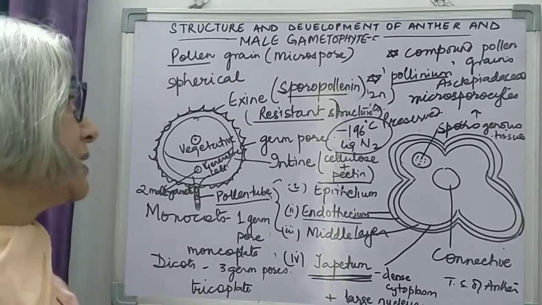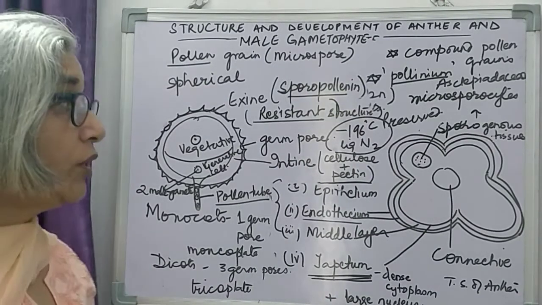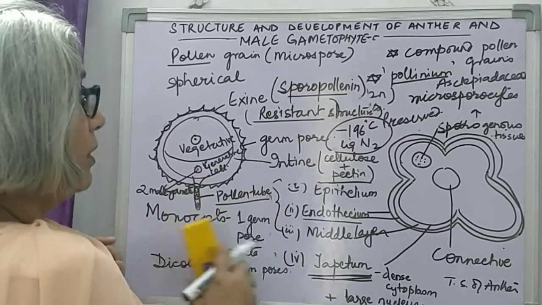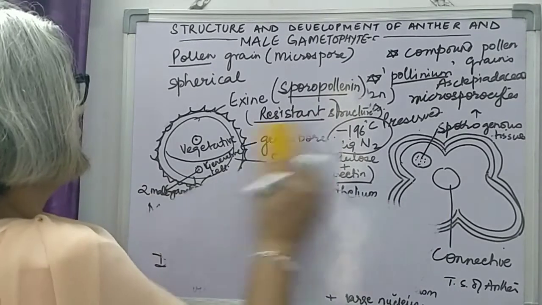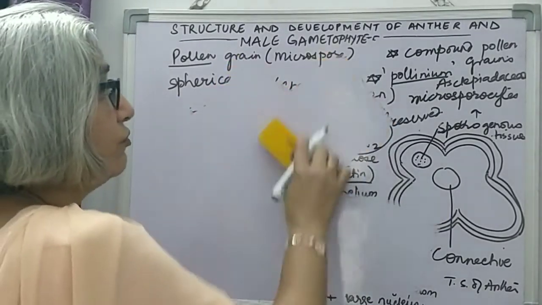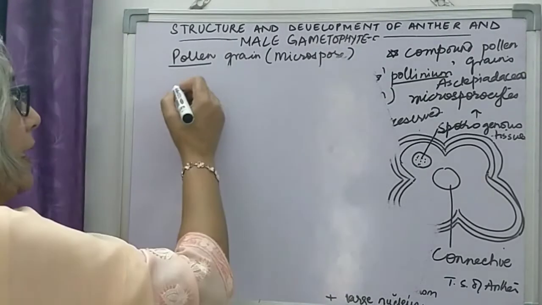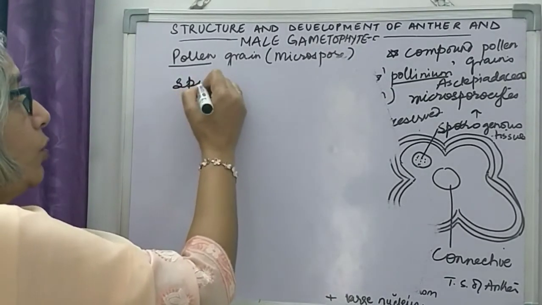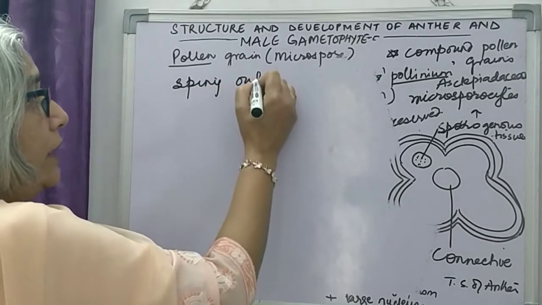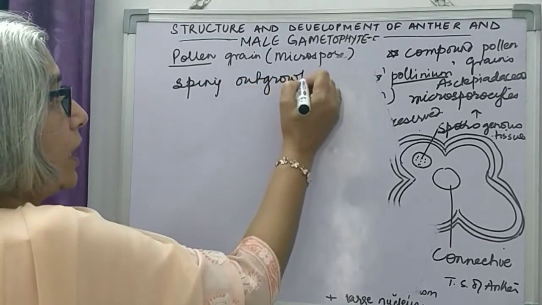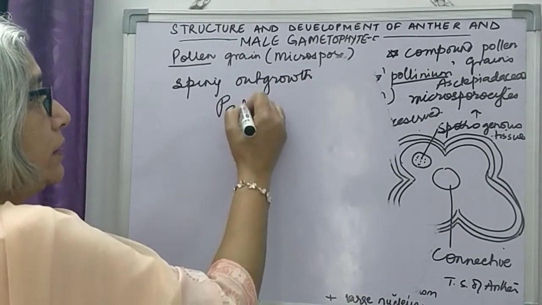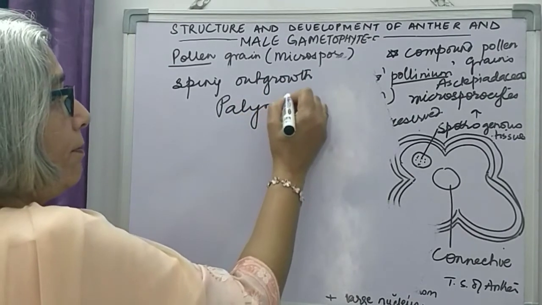degrees Celsius. And another important thing that I would like to point out here, now I am going to erase all this. You have understood the structure of the pollen grain, the structure of the anther. Pollen grains have got spiny outgrowths, and the study of these outgrowths is called palynology.